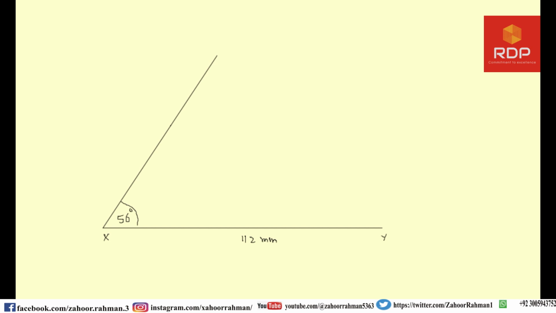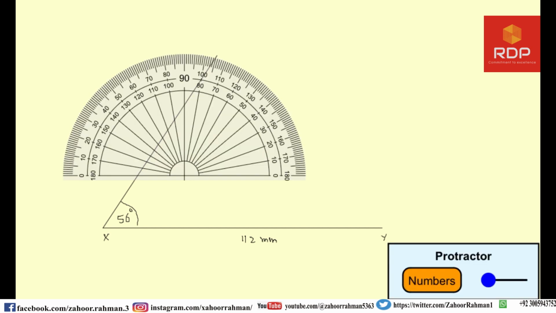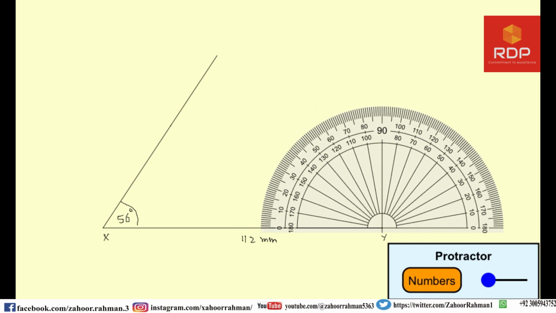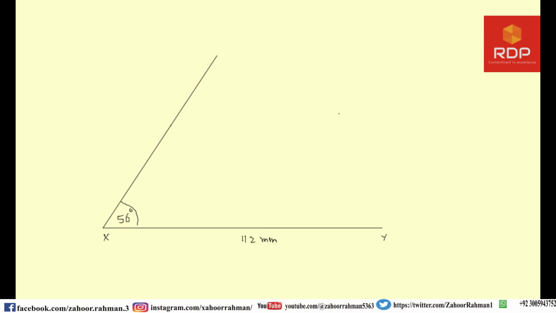Next job is to make an angle of 70 degree here, and that 70 degree is about here. So I am connecting this and passing that through the area, and let me label it that this is the 70 degree.